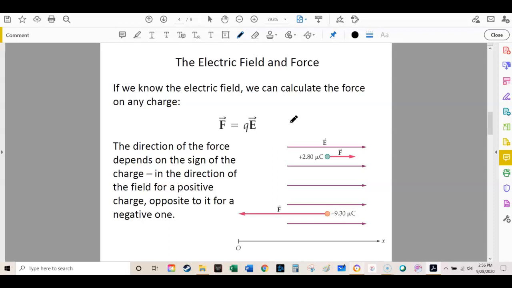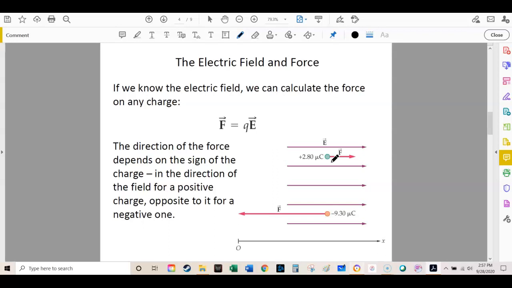So, if you're ever given a homogeneous electric field like this, right here, the only way you could calculate the electric field is if you know the force acting on a test charge in that homogeneous electric field.